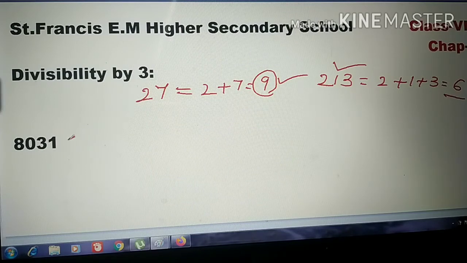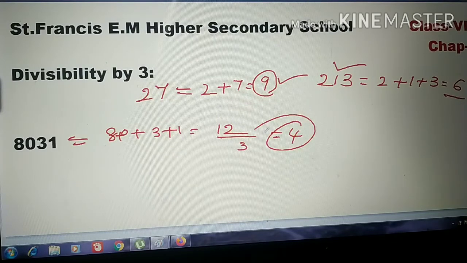See here, I am taking 8031, that is 8 plus 0 plus 3 plus 1. What do you get here? 12. This 12 is also exactly divisible by 3, right? You get 4. So we can say the given number is exactly divisible by 3.